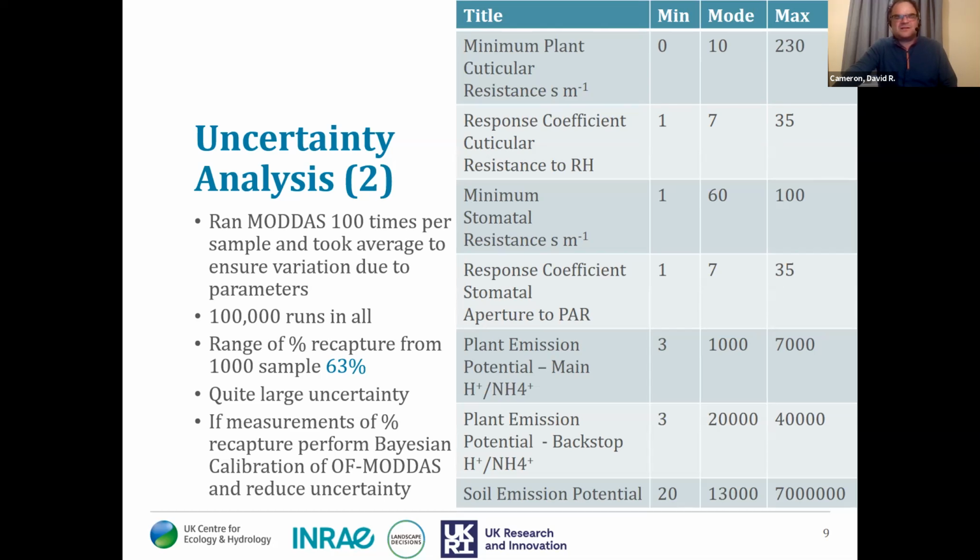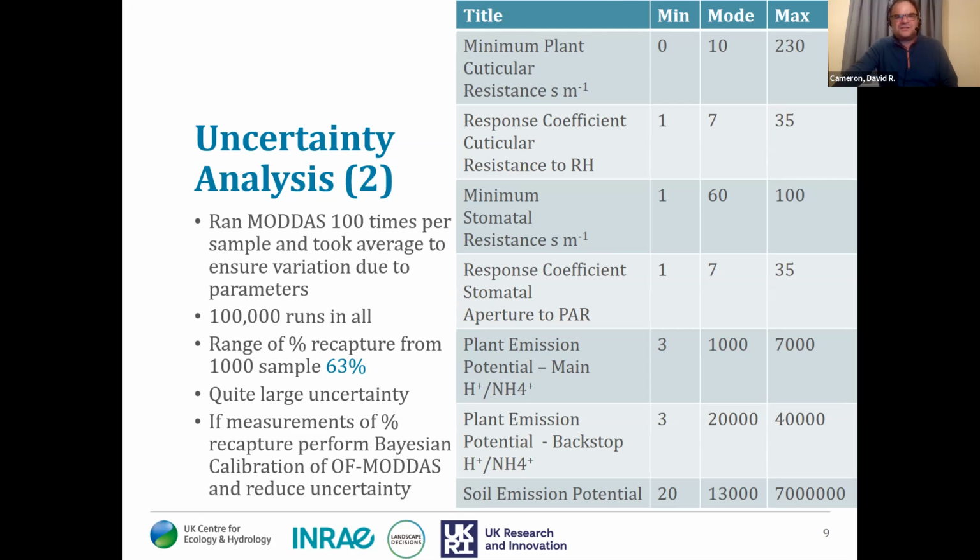After running MODAS with that sample, we find a range of 63% in the ammonia recapture. And you'll see that in the tool in a minute. When we look at the predictions from the tool, you'll see that I think it's marked in gray, which will show the uncertainty. So it gives you a measure of the reliability of the model.